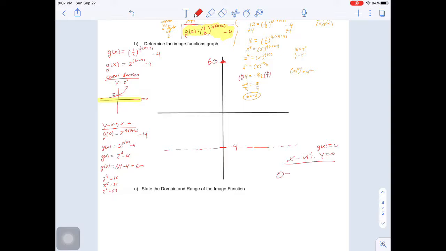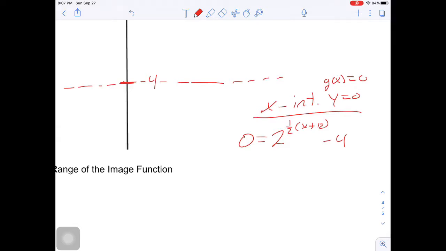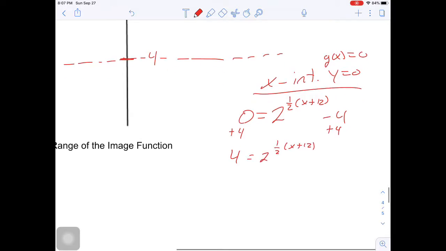So in this case, 0 equals 2 to the power of 1 over 2, x plus 12, minus 4, and from there we're solving for x. So add 4 to both sides, and we get 4 equals 2 to the power of 1 over 2, x plus 12. And remember, I can represent this 4 as 2 squared, so I can get similar bases.